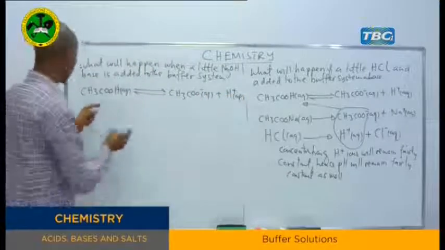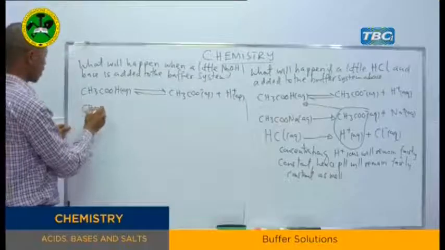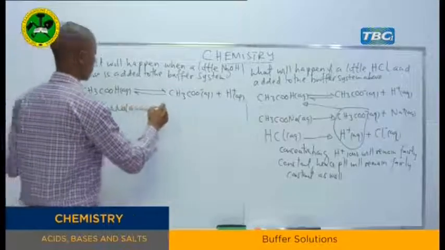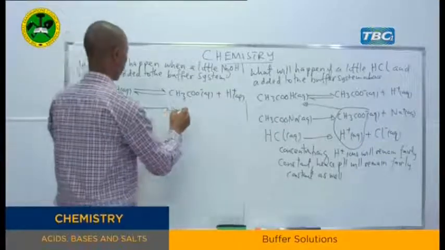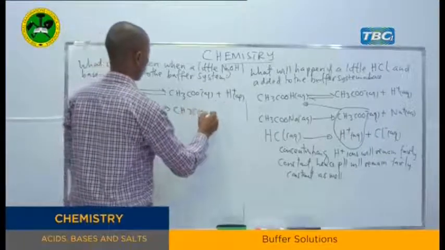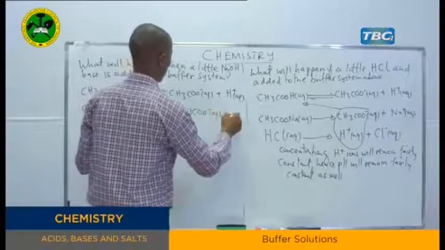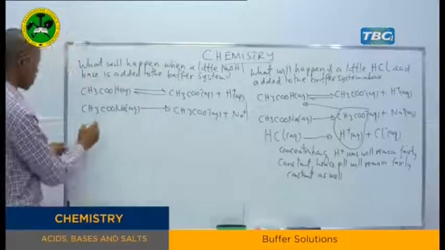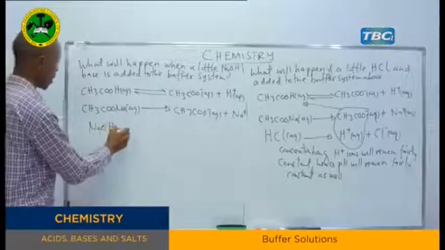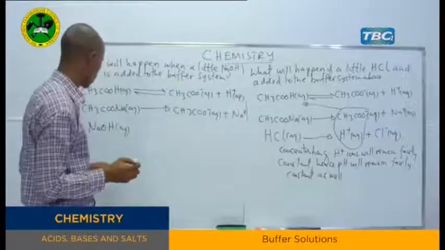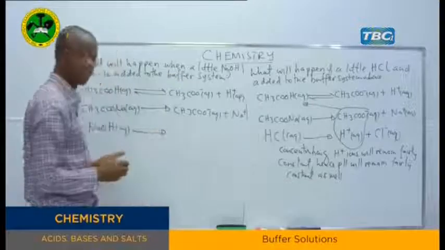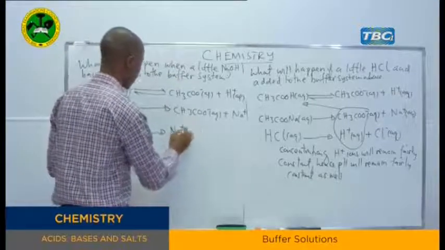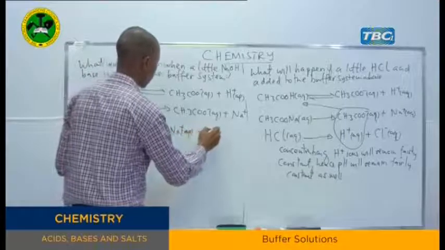This one is already there, and also sodium acetate, sodium ion. Now, addition of sodium hydroxide, which is also a strong base, will ionize completely, producing the sodium ion and hydroxide ion.